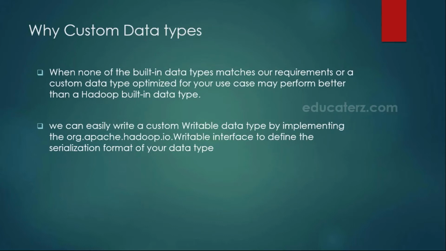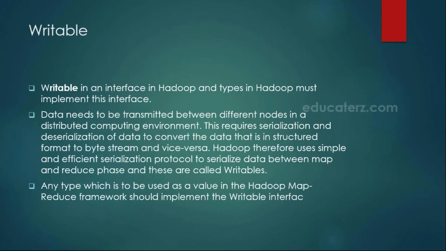How we can implement it is with the Writable interface and the WritableComparable interface. With the help of those, we can write our own custom data type. We are going to see the demo on how we create our own custom data types with the help of Writable and WritableComparable.